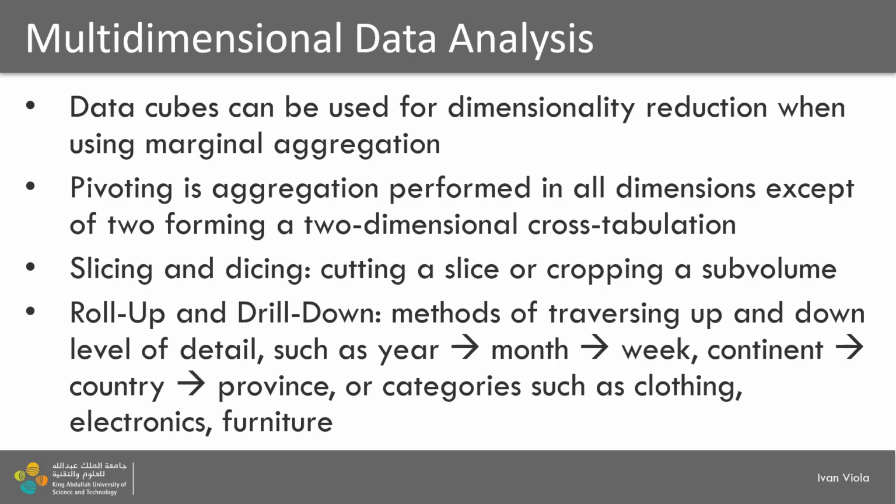Data cubes can also be used for dimensionality reduction, because through marginalization they allow us to collapse all the dates of the year 2004 into just one number for one product.